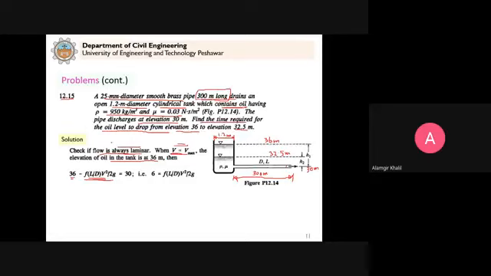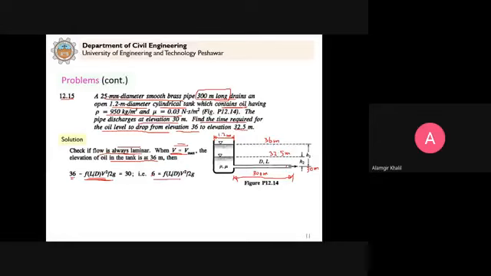What is left is 36 minus the head losses equal to 30 meter. You are coming from a potential of 36 meter to a potential of 30 meter, and this comes at the cost of this energy. So 6 is equal to f L by D times V squared by 2g.